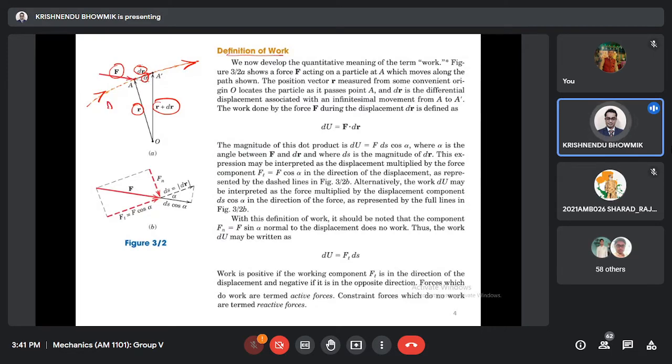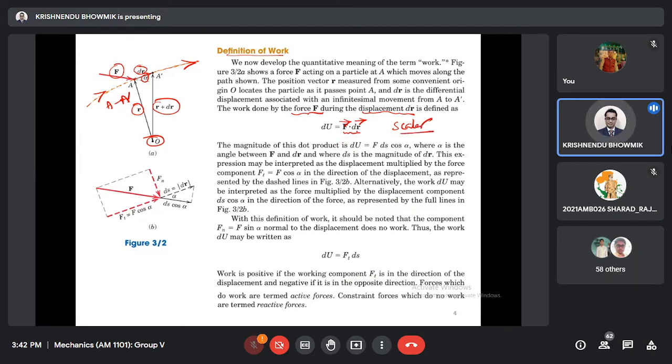The particle is moving from A to A prime, and the position vectors are with respect to point O. Work is the dot product of the force applied and the change in position vector, which we call displacement. As this is a dot product, it is a scalar quantity.